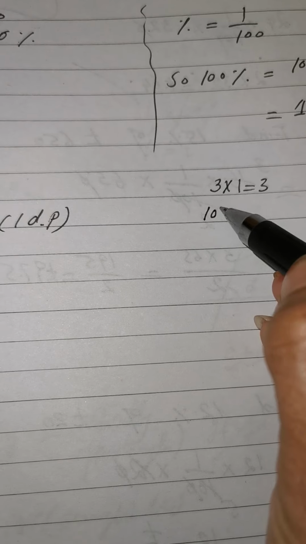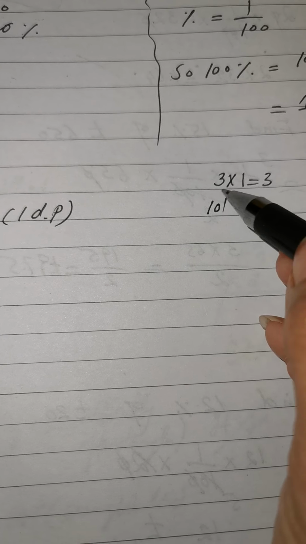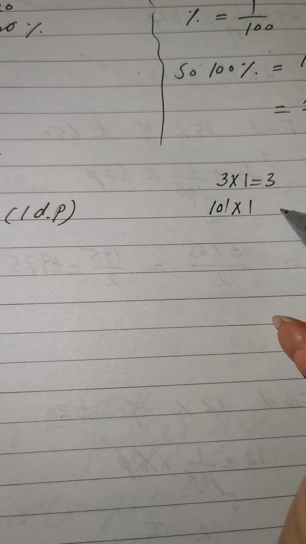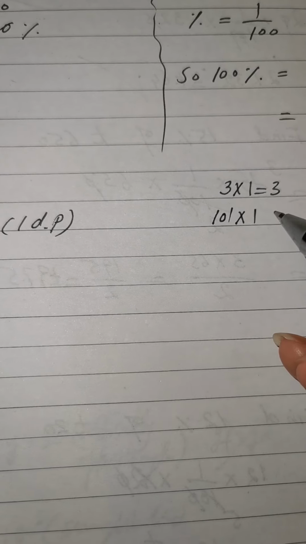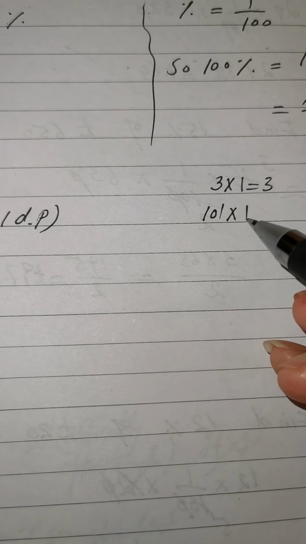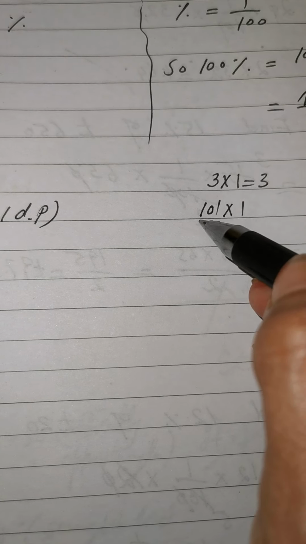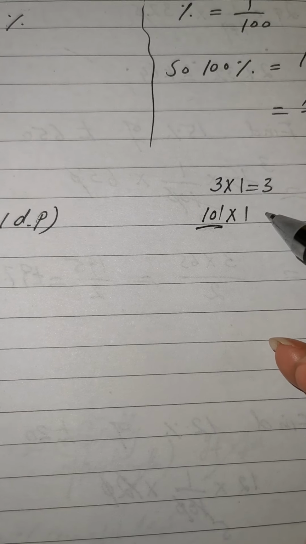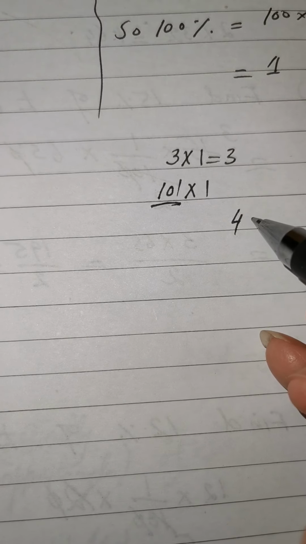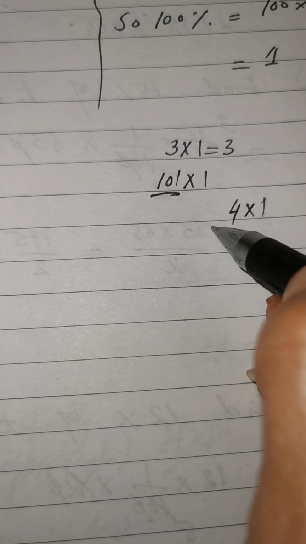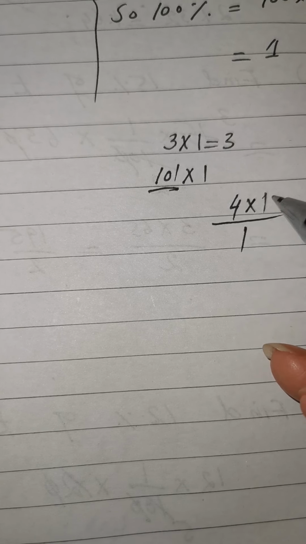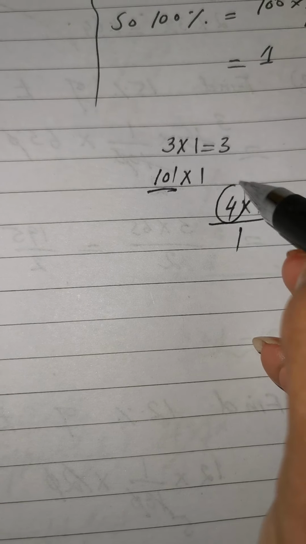Similarly, whatever the number, that number is multiplied by 1, but it is not written because multiplication by 1 gives the same answer. In the same way, always remember that a number is multiplied by 1 and also divided by 1, but we do not write them because the answer remains the same.